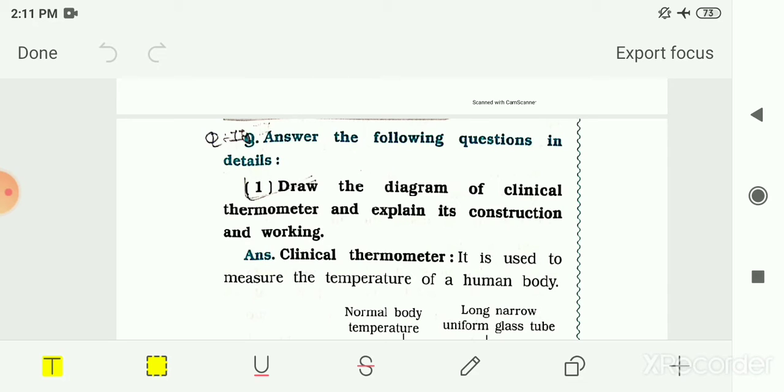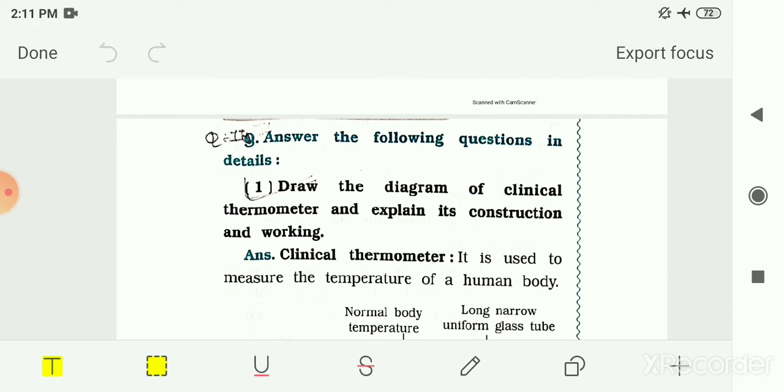Then we had seen the range of this thermometer. A clinical thermometer can measure temperature from 35 degrees Celsius to 42 degrees Celsius, and in the Fahrenheit scale, from 94 degrees Fahrenheit to 108 degrees Fahrenheit. And the normal temperature of the human body is 37 degrees Celsius, and in the Fahrenheit scale, it's 98.6 degrees Fahrenheit.